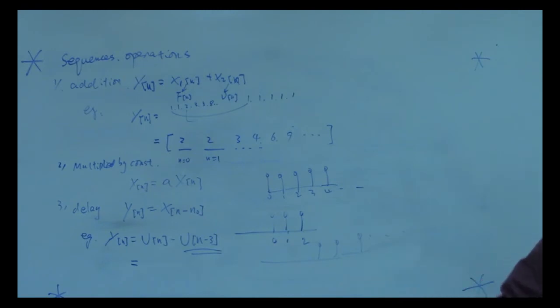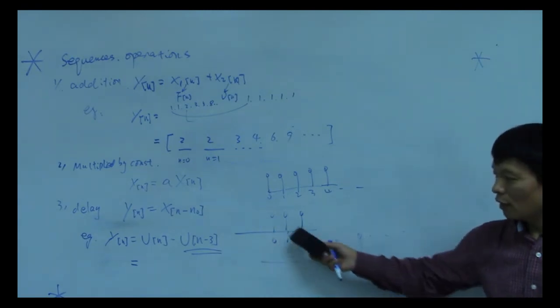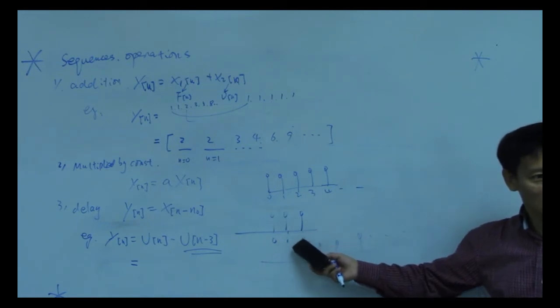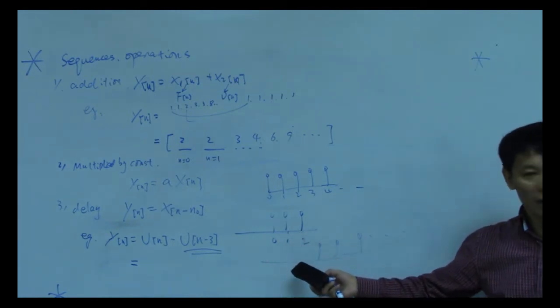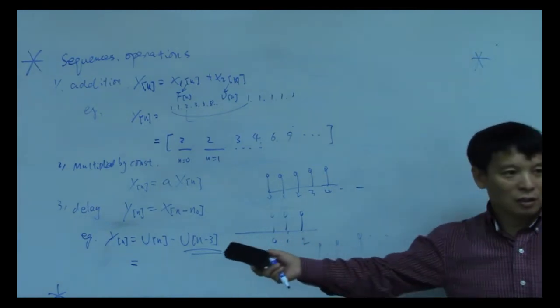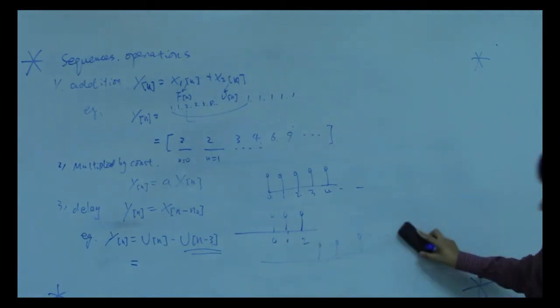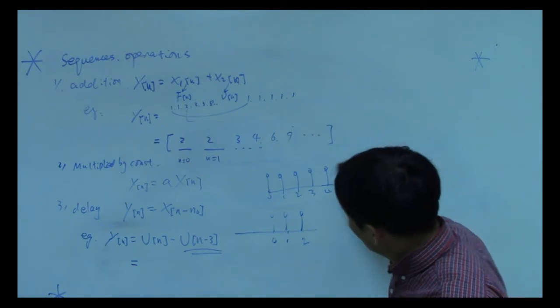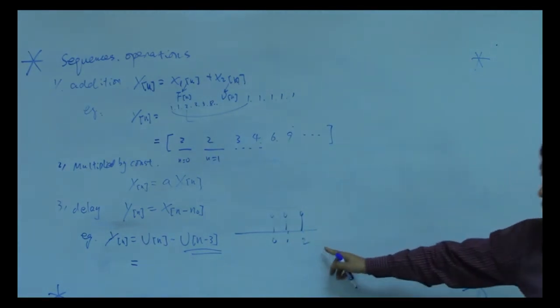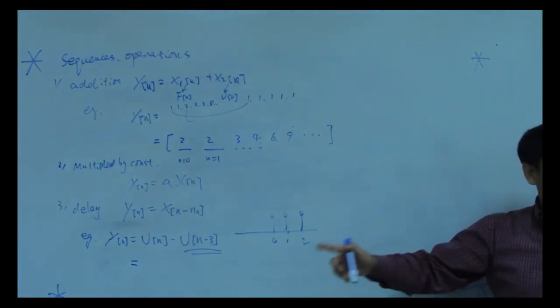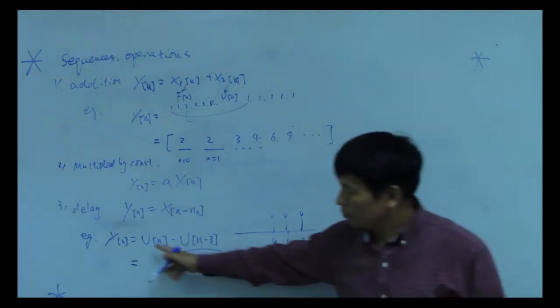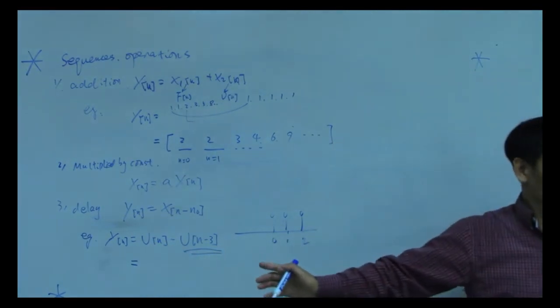Now we need to learn how to represent signals with basic signals. If I give you this and ask you to represent it with basic signals, one way is to write u[n] minus u[n minus 3]. I also want you to represent this output with impulses instead. Don't use u anymore.